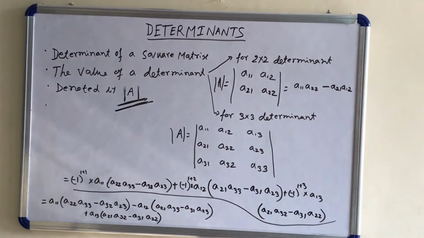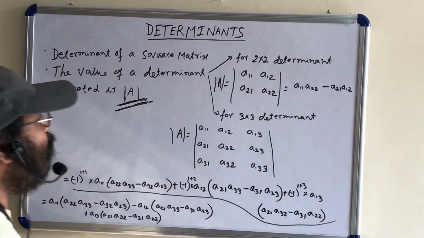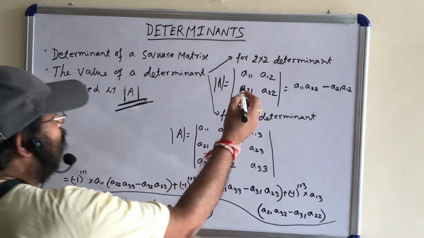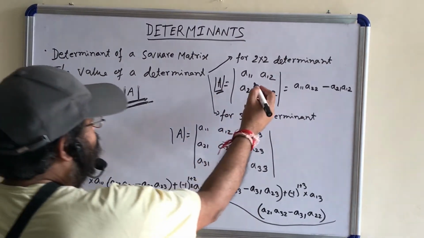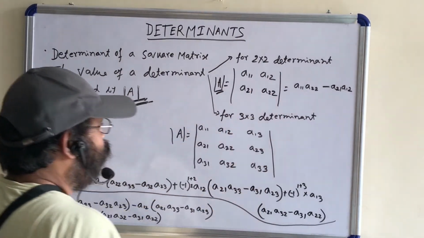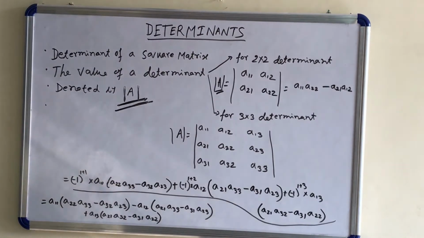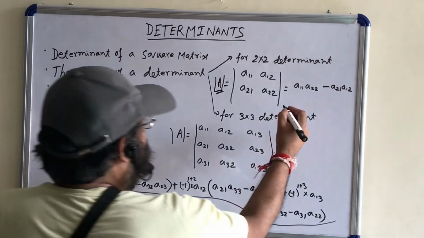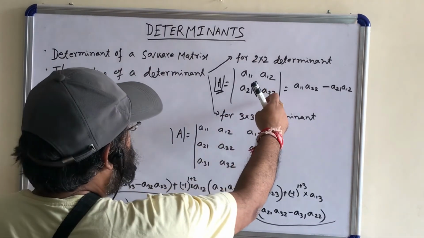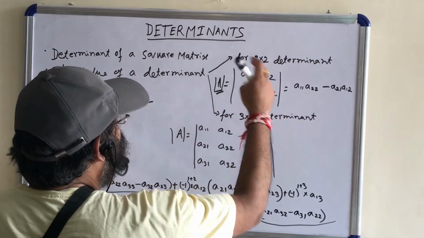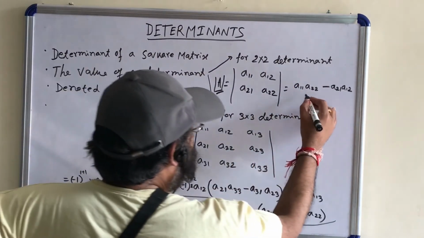What is the value of a 2 by 2 determinant? It is very easy. It is denoted by determinant A, with the 4 elements A11, A12, A21, A22, which is the order of a 2 by 2 determinant. The value will be A11 times A22 minus A21 times A12.